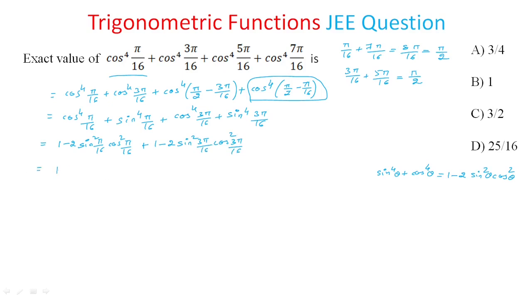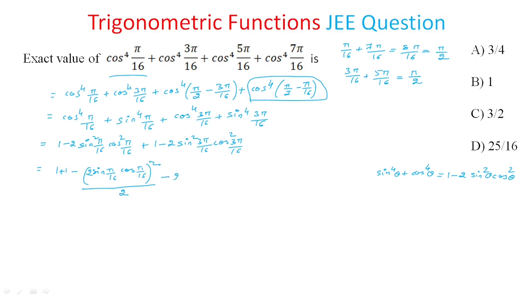1 plus 1, write it together, minus this 2 sin²(π/16) cos²(π/16). I write in the form (a·b)², that can be written as (2 sin(π/16) cos(π/16))² divided by 2. See, 2 squared is 4, and 2 into 1 cancels out.